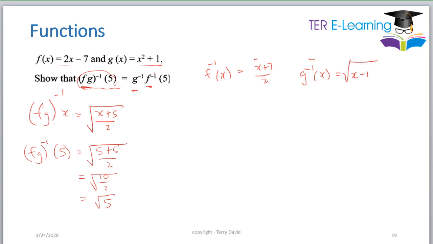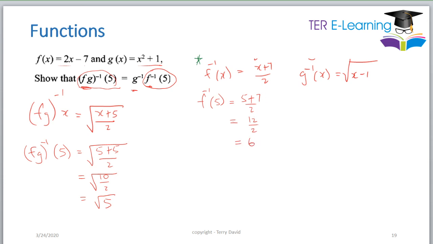Now, look at what they're asking us to find here on the right hand side. You need to figure out what f inverse of 5 is, using this expression that we already have. So f inverse of 5 is equal to 5 plus 7 over 2, which is equal to 12 over 2, which is equal to 6.